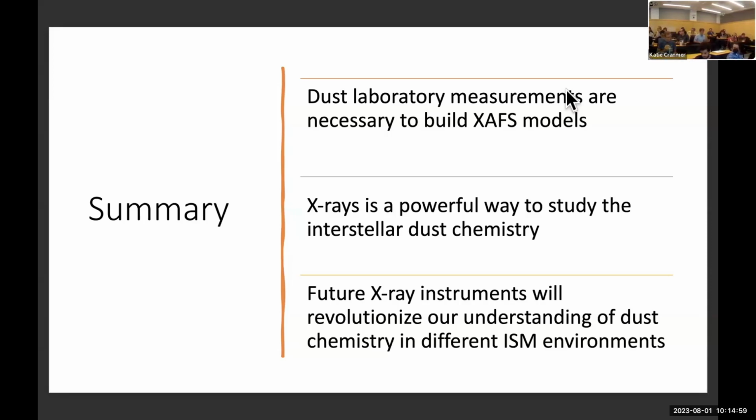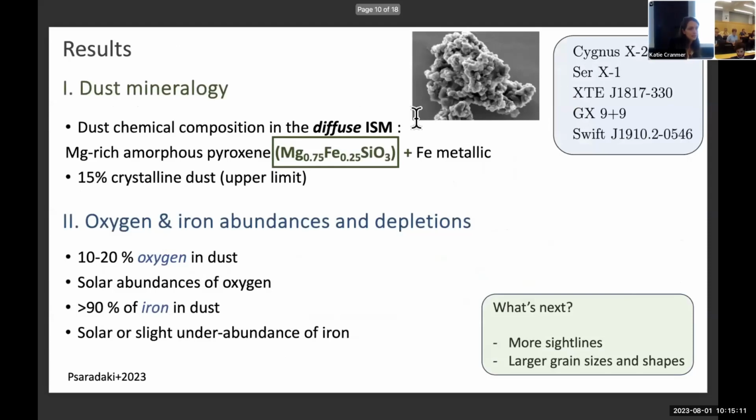Yeah, so this 10 to 20% comes from the stoichiometry, right? We have the dominant compound, and you account for how many oxygen atoms you have and how much you're missing from the gas phase, and then the dust fills this part.